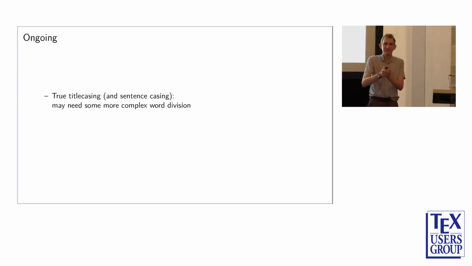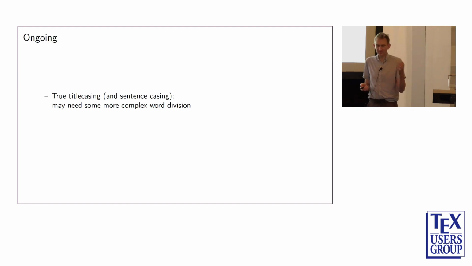Title casing for Unicode is the fact that when you capitalize the first code point of a word, it might not be just the first code point. Dutch is the classic example: IJ in Dutch, if it's the start of a word, you uppercase the I and the J. So you can't just say it's the first letter. And then Greek doesn't drop accents when you make just the first letter uppercase, and there's a few more complexities.